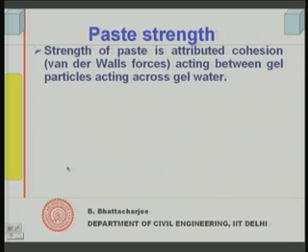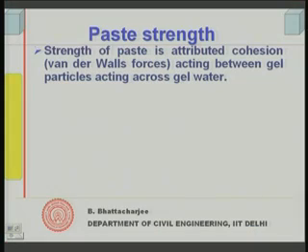Now, what is paste strength? Let us look at it. Strength of paste is attributed to van der Waals forces or van der Waals bonds, or cohesion acting between the gel particles, right, across gel water. There is some amount of chemical bond also between gel particles, right, primary bond, and this is the secondary bond.